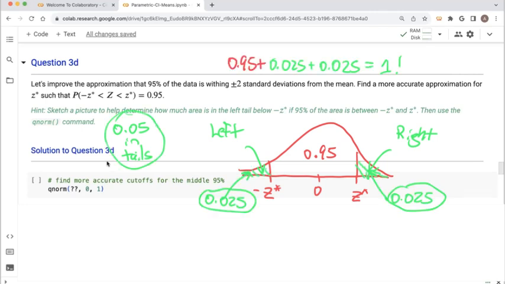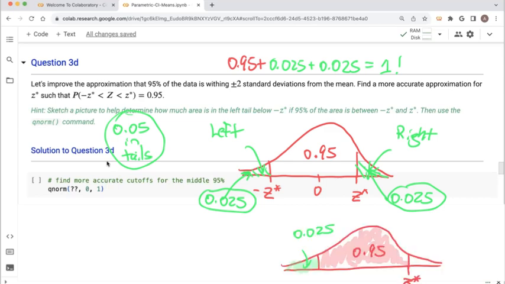And because the normal distribution is symmetric, that 5% is split evenly in those two tails. So in other words, the amount of area that is above the positive z star, that is 2.5%. So that's going to be 0.025.